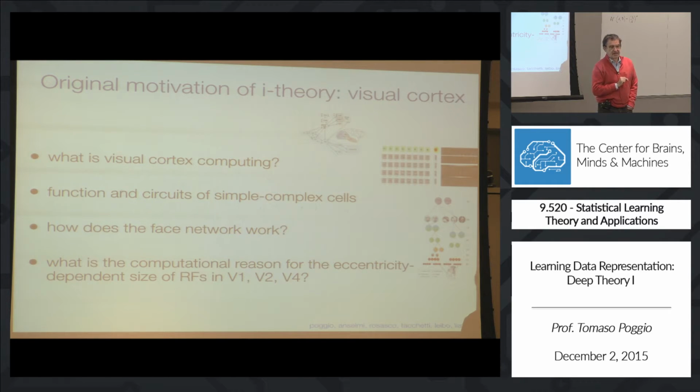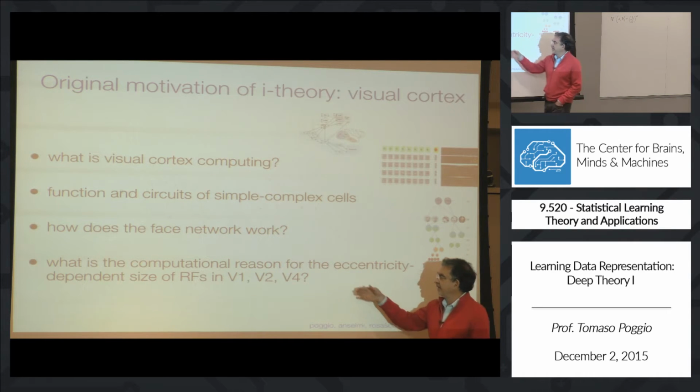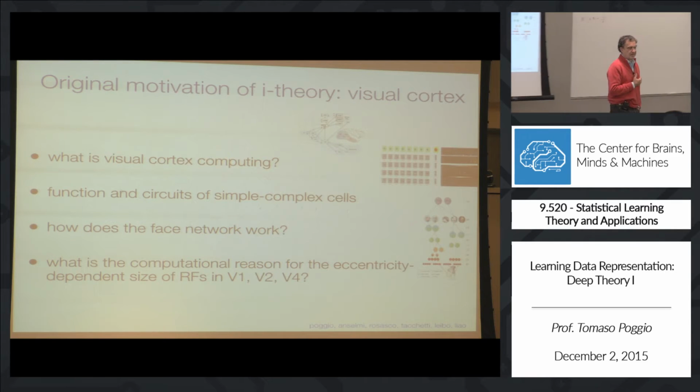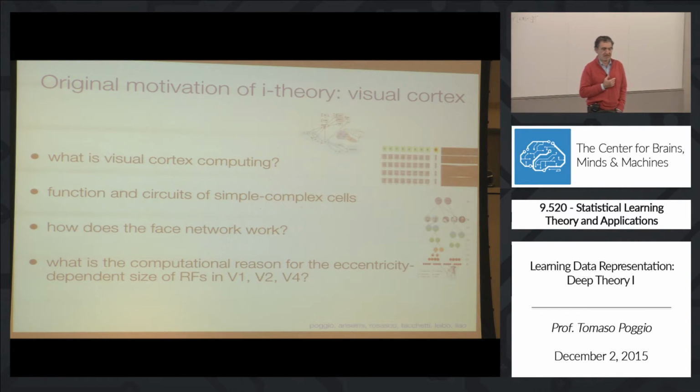Okay, so why is that? Is there a computational reason, or is it just an accident of the system? Why this linear dependence on eccentricity? Okay, so these are questions that we'll answer today.